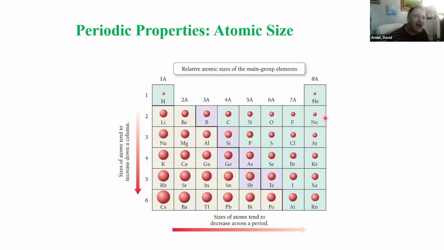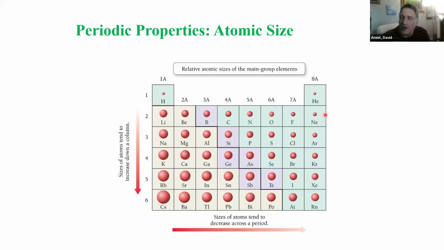The reason for that is as you're adding in more electrons and filling in the subshells, that causes the atom to contract as the electrons become more tightly bound to the nucleus. There's other arguments for why this size decreases going across a period.